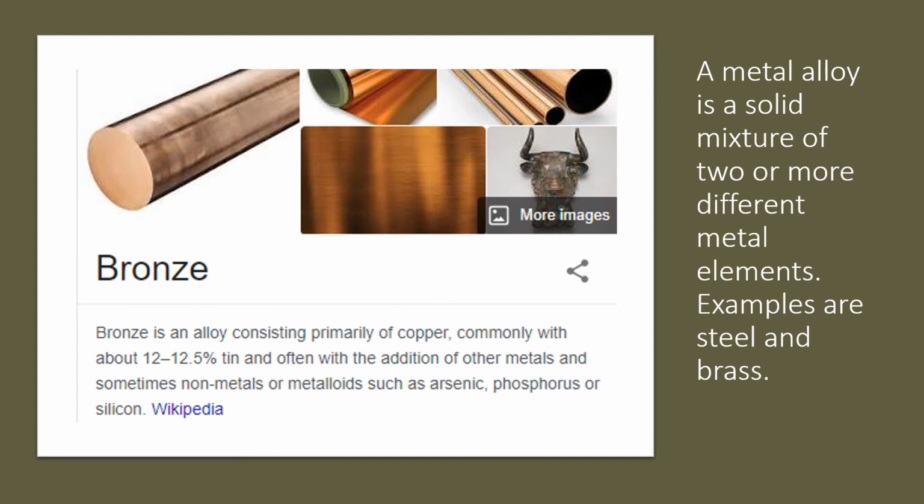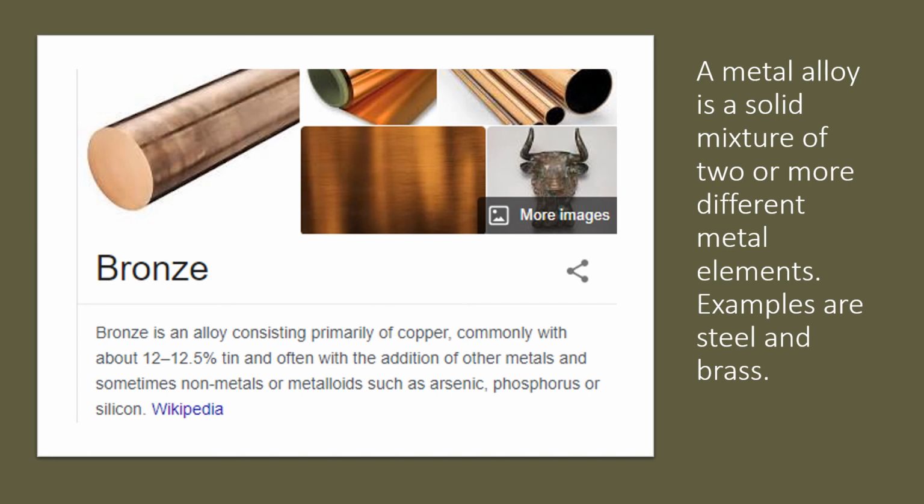Metal can be mixed with other metal to have better properties, and the mixture we name as alloy. A metal alloy is a solid mixture of two or more different metal elements. For example, steel, which is composed of iron and other metals, and brass or bronze.